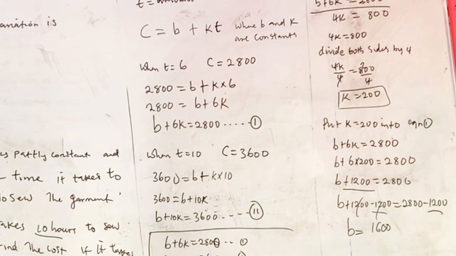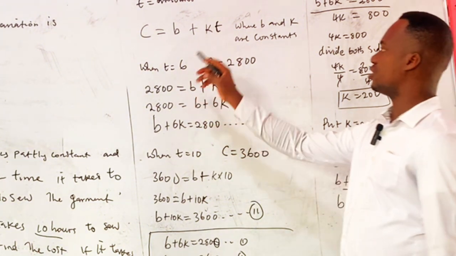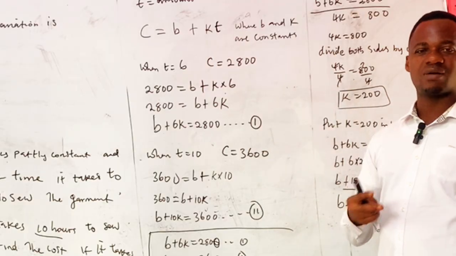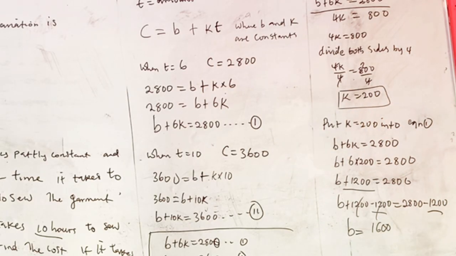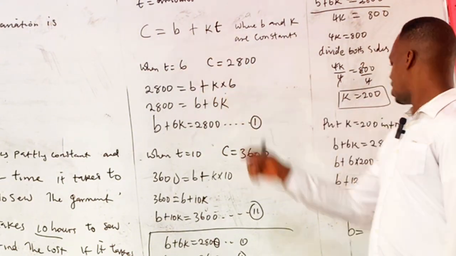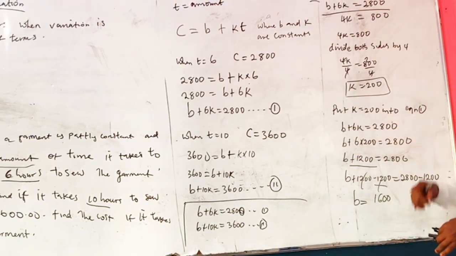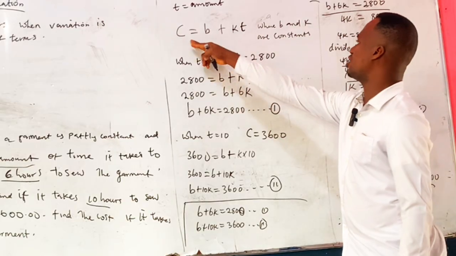So what have we been doing all this while? Remember, when we solve variation, the first thing is to calculate the value of your constants and then put it back into your original equation. Unfortunately for us, we had two constants. That's why I had to calculate for two variables. So all we have been doing is to calculate the value of B and K. So now that we've gotten it, we will now return these values, just like we always do, into this equation.